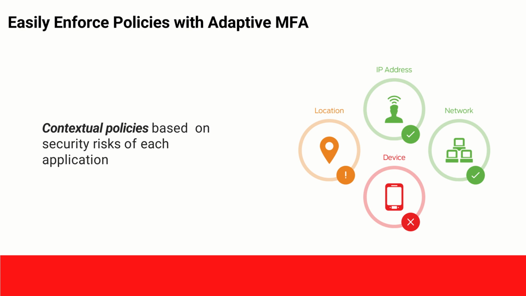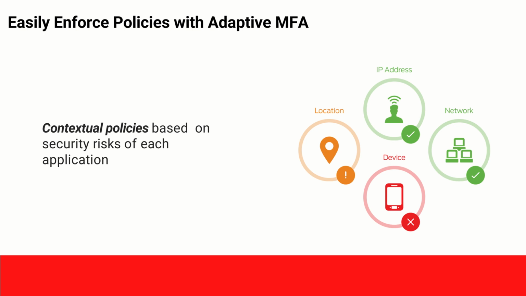Also, there are contextual policies wherein you can apply the policies based on the location, IP address, network, device type, or the operating system type. On the basis of anything, you can create a policy and enforce it for adaptive multi-factor authentication.